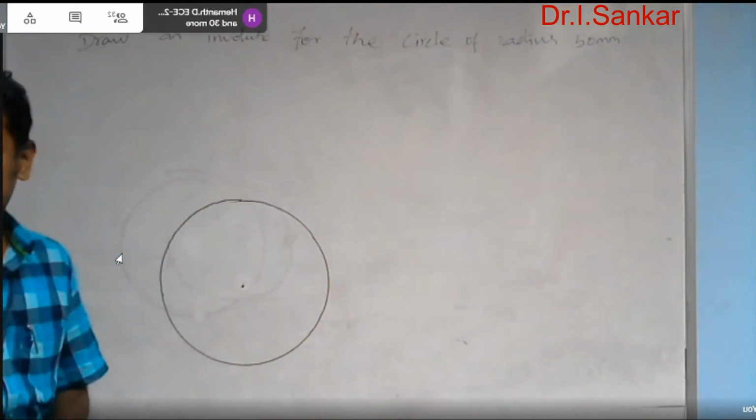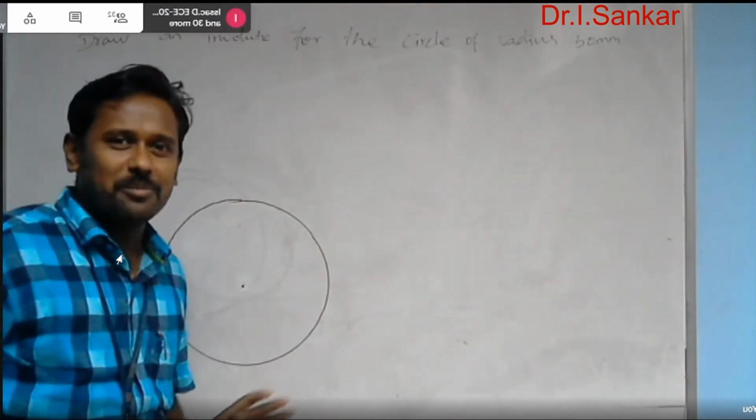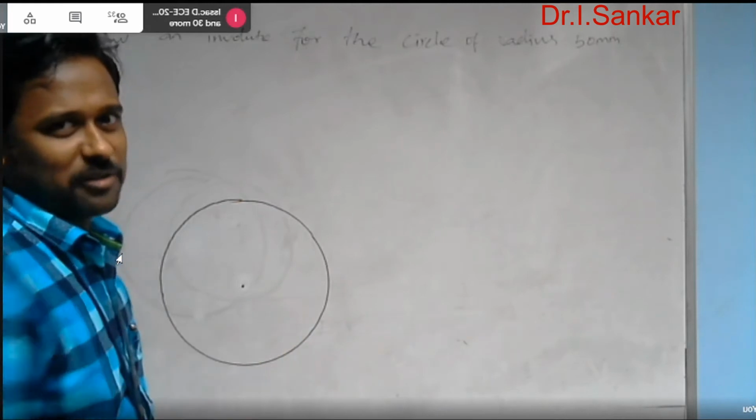Right, I have just drawn a circle with the given radius 50 mm. It is actually not measuring 50 mm radius; it's an approximate value only.